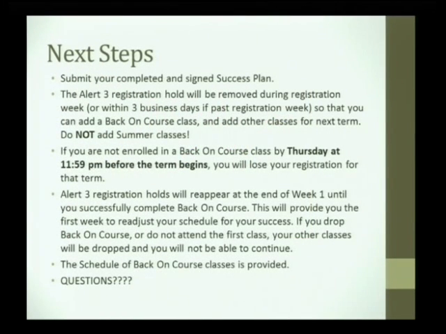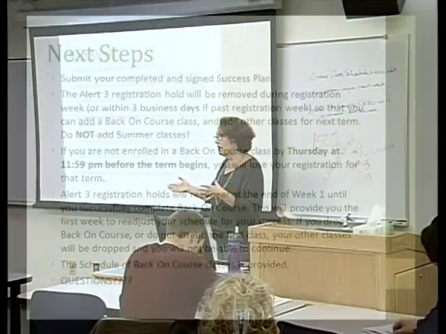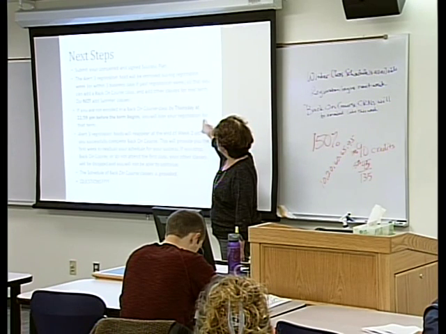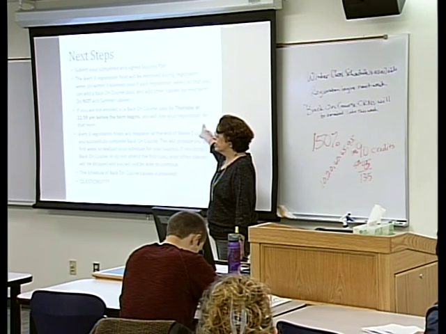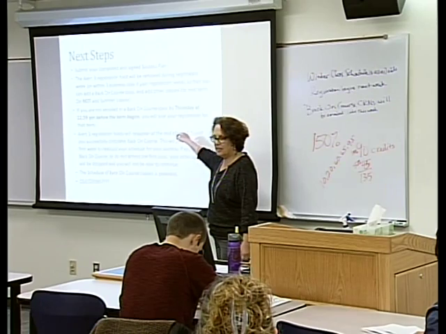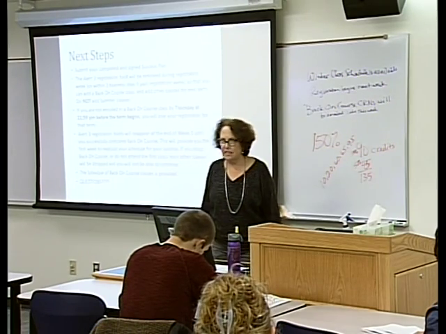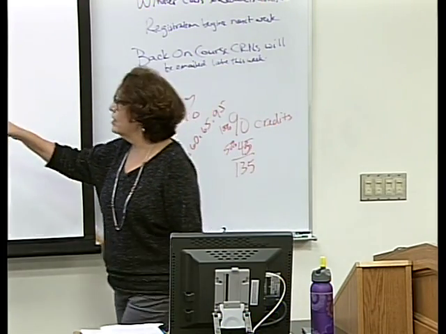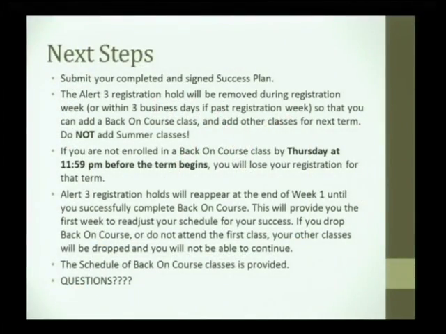When you get this release, you won't have any hold on your record, or at least any Alert 3 hold, until the first time the hold might come back, which is the Thursday before winter term begins. Winter term begins, I don't have the date exactly, but it must be about the 4th of January, so this would be probably December 31st.